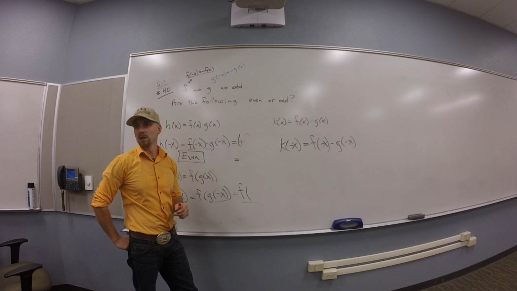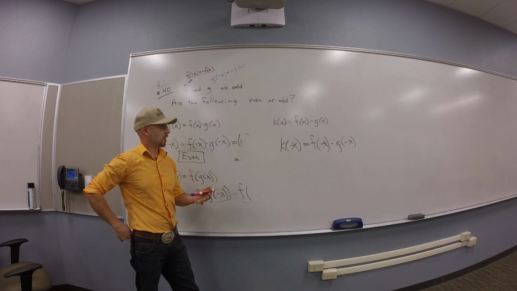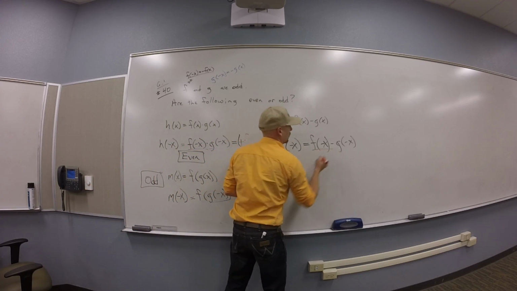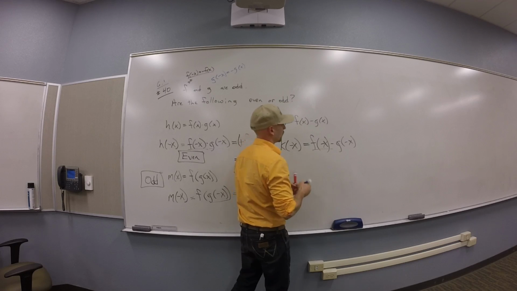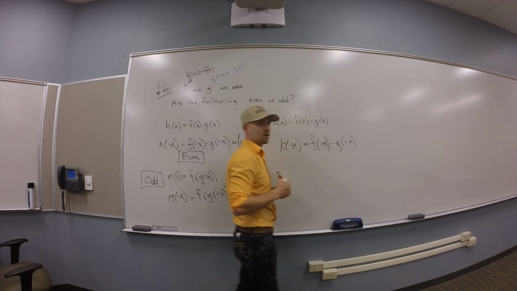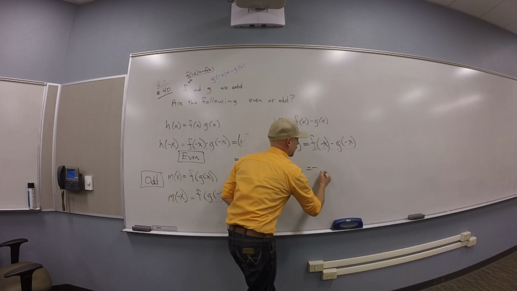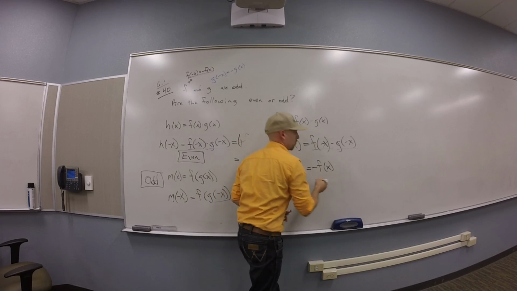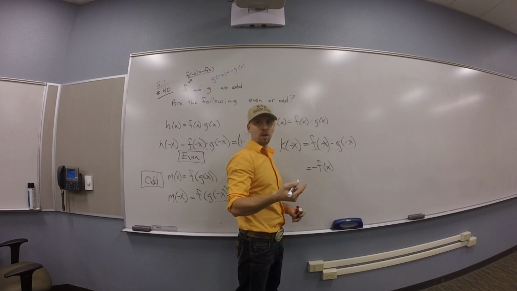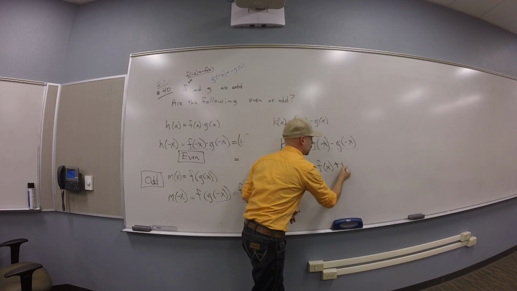Okay, then what? Negative f of x, minus g of x. Red fact this one, blue fact that one. You'll get minus f of x minus a minus g, which is plus g of x.